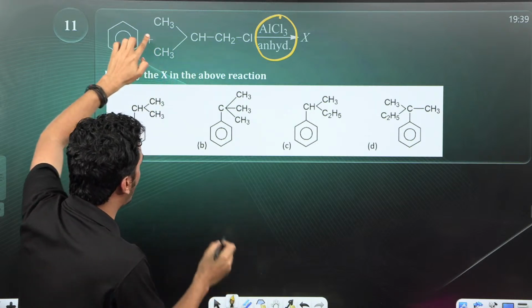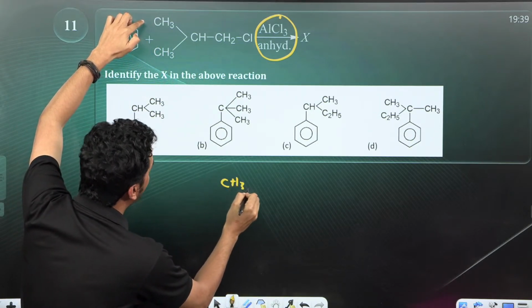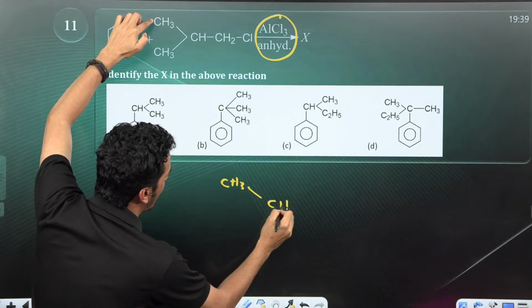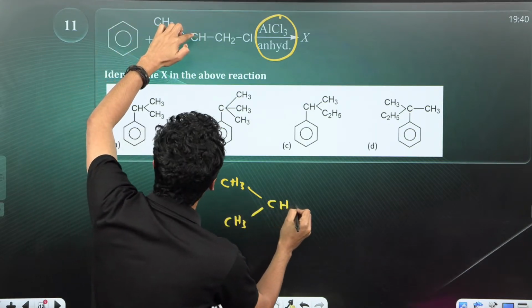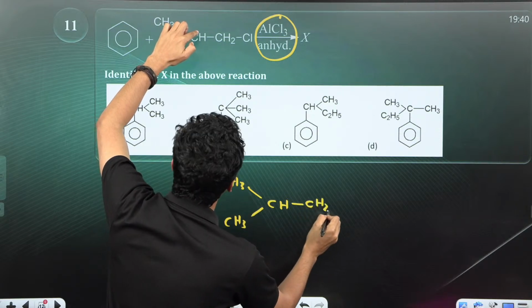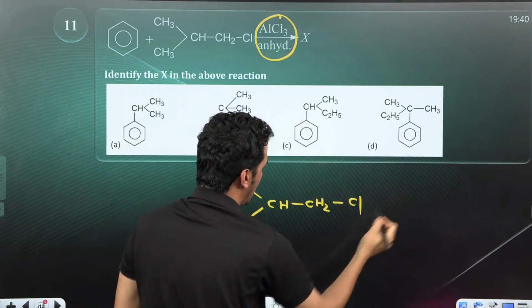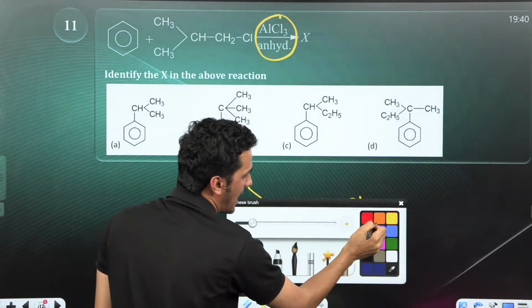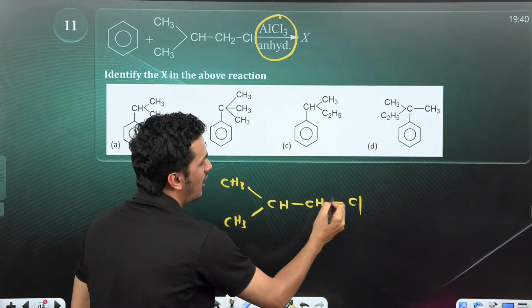So while we are looking at this, the reagent is CH3, CH, and here CH3, CH2, and here Cl. Listen to me carefully. So what will this AlCl3 do? It will break this bond heterolytically. How heterolytically?